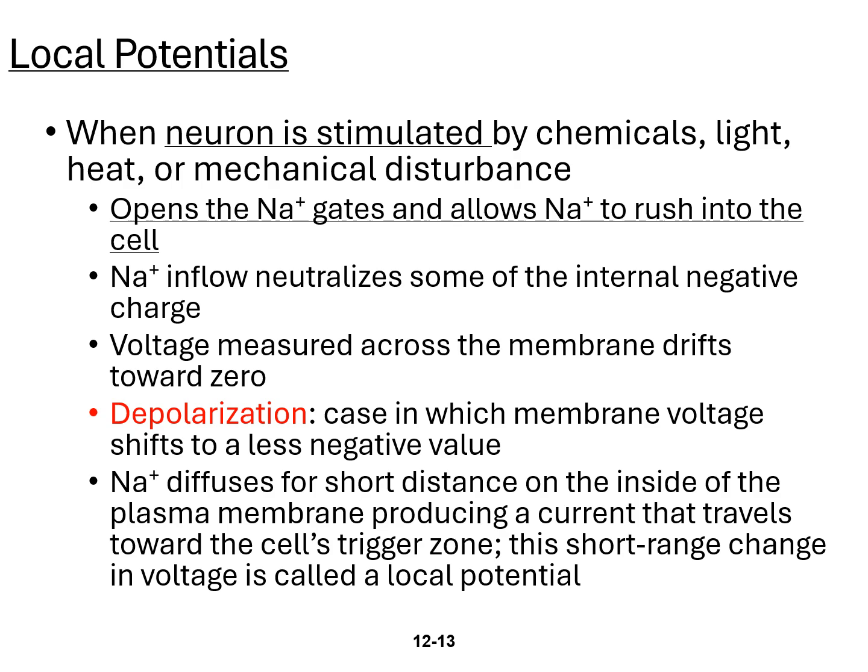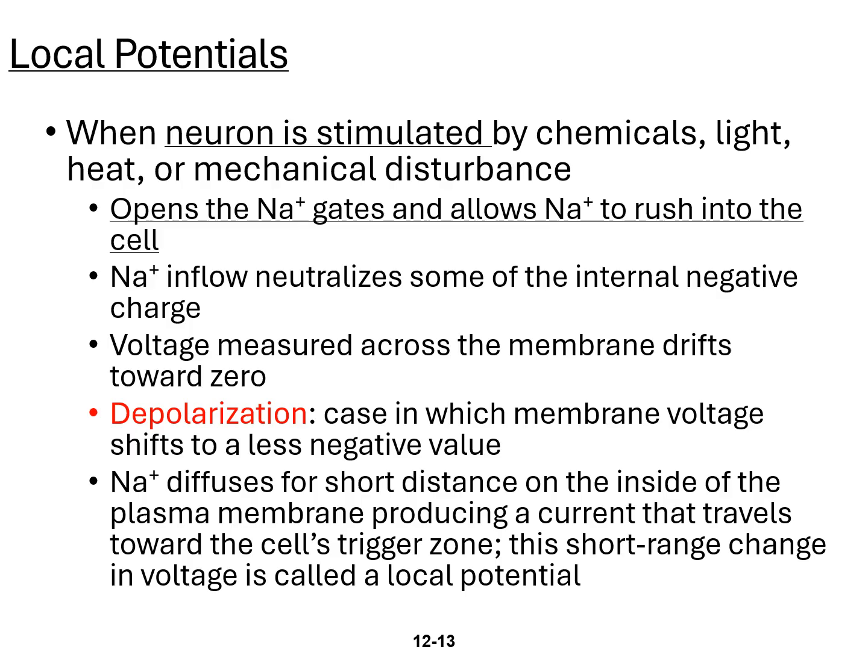This happens, it opens sodium gates and allows sodium to rush into the cell. If sodium rushes into the cell, does the cell become more positive or negative? Yep. Positive goes into the cell. It's now becoming more positive.